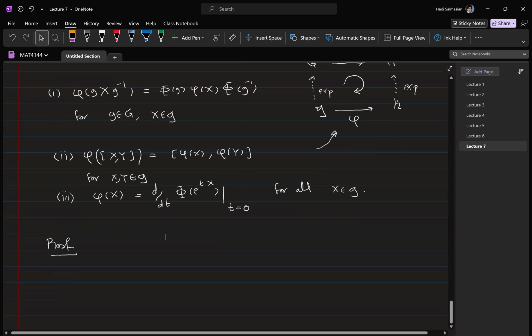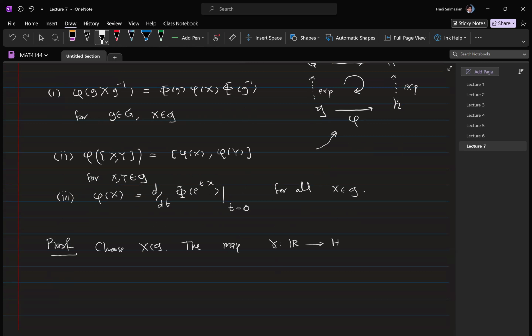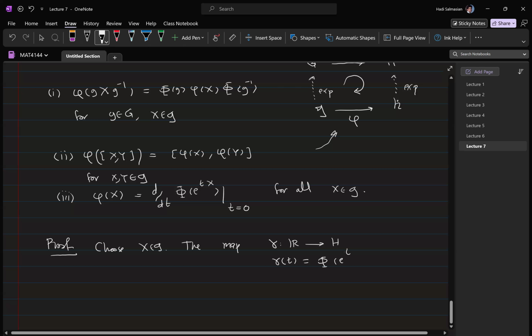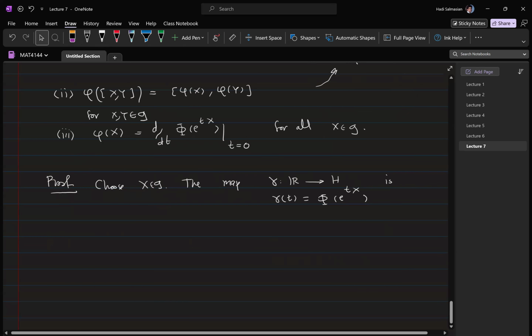So we choose x in g, and now the map gamma from R to the group H, where gamma of t is phi of e to the tx, is a one parameter subgroup.